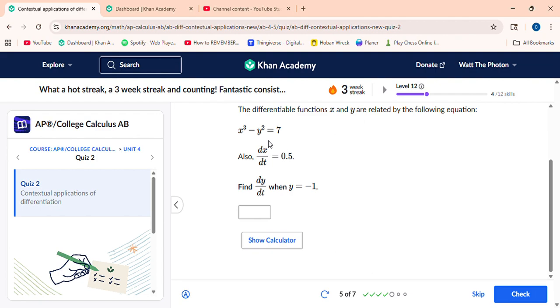The dx/dt is previously just 0.5, and so we get 2 squared times 3 divided by 2. That gets us 6. And then we get minus 6 minus 2 times negative 1, and that gets us negative 2x equals 0.